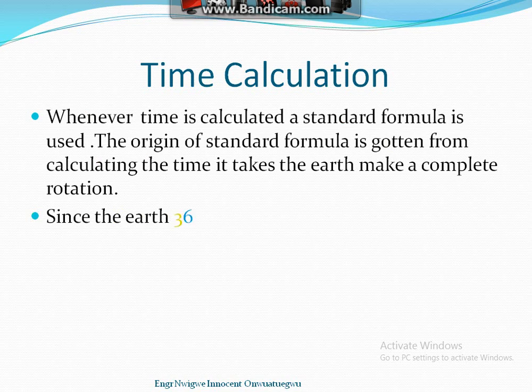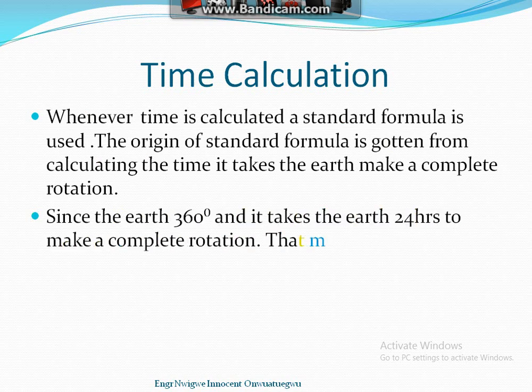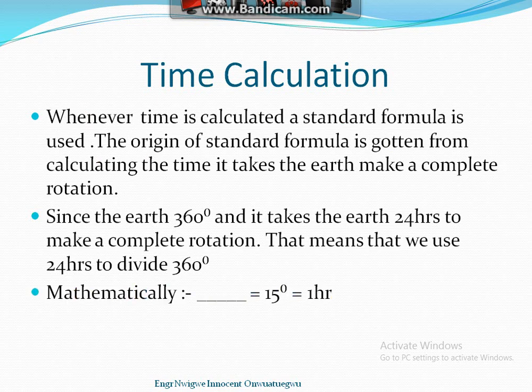Since Earth is 360 degrees and it takes the Earth 24 hours to make a complete rotation, that means that we use 24 hours to divide 360. Mathematically, we have 360 degrees over 24, which equals 15 degrees, which gives us 1 hour. Therefore, 15 degrees equals 60 minutes. 1 degree equals 4 minutes.